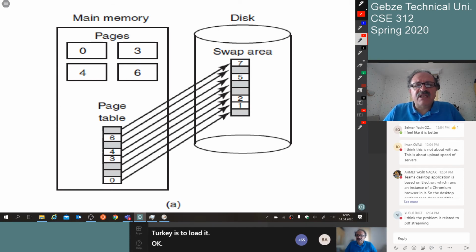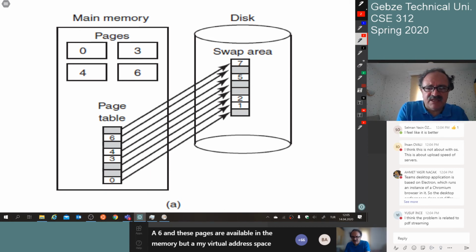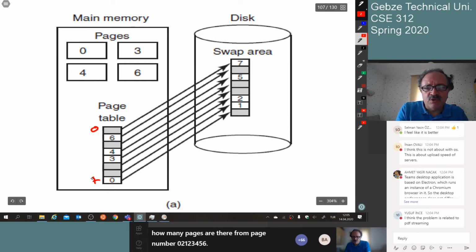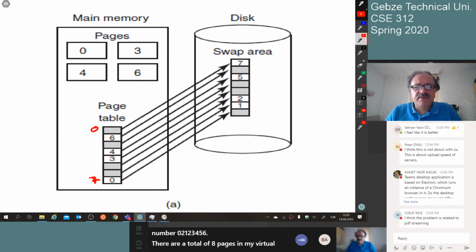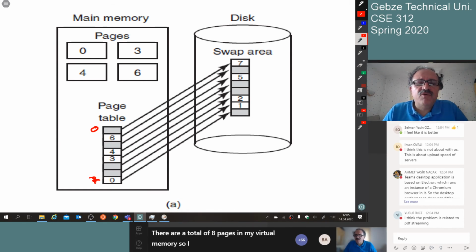These pages are available in the memory, but my virtual address space has how many pages, from page number 0 to 7? There are a total of 8 pages in my virtual memory, so I keep only 4 frames in my memory. The rest is on the disk.